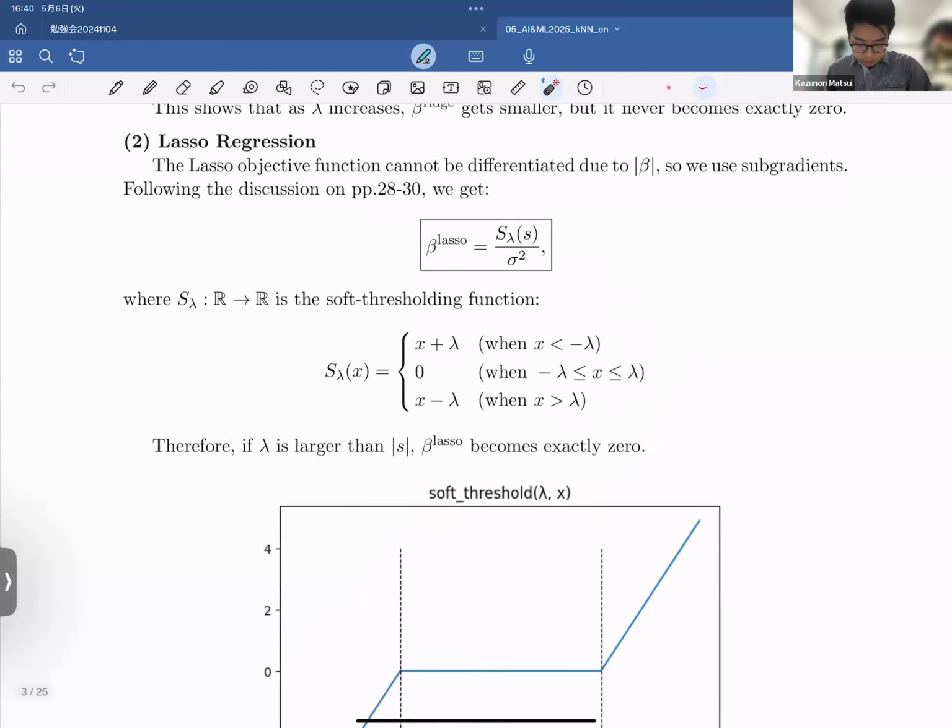So when lambda is larger than s, beta will always become exactly zero. This is a major difference between ridge regression and lasso regression.